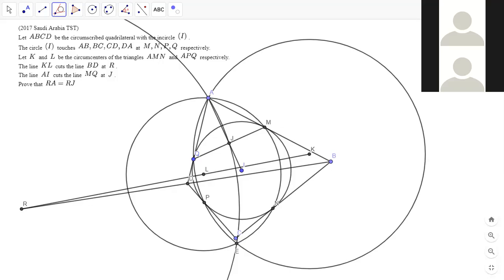Yeah, but still, we don't know that that circle passes through A and J. So yeah, because IJ times IA is equal to, if we label this point, it would be that squared. All right, I'm going to hide the circle for just a sec.